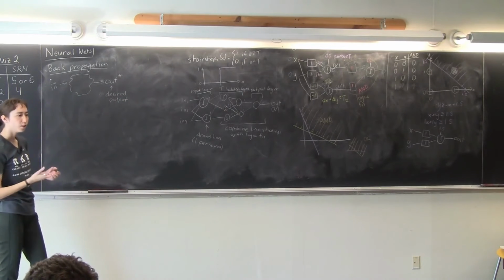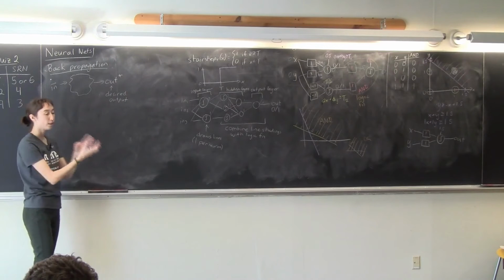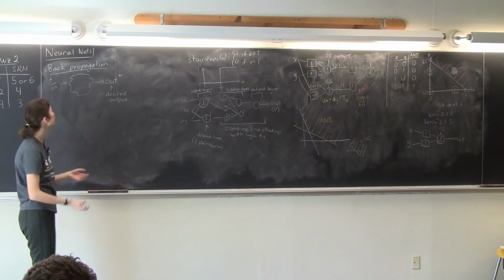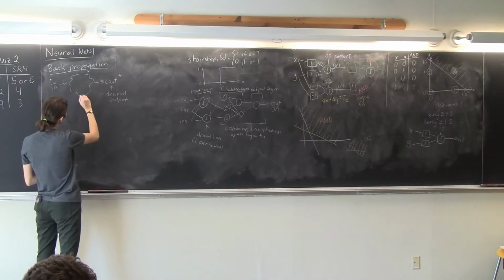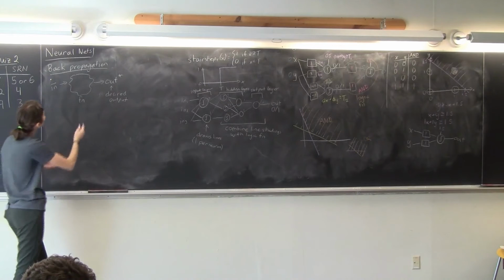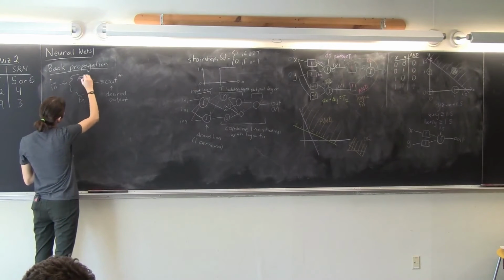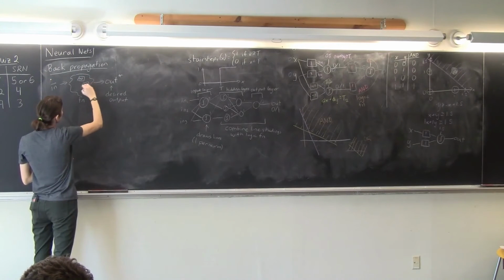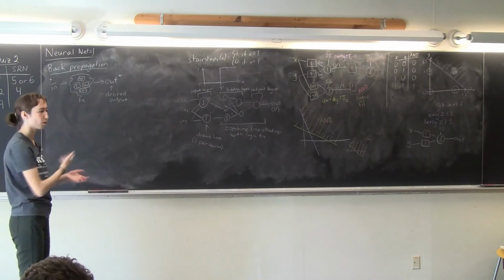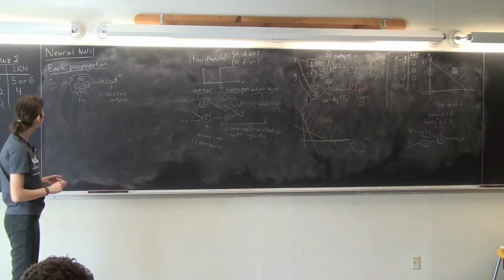And the idea is if we tell the neural net what the inputs are and what we want the output to be, it should be able to adjust its parameters so that it correctly computes that output. So you could think of this as some sort of black box function, but what's going on inside that is there are a bunch of weights and thresholds floating around in this cloud. And so these are all the parameters that we can adjust to make the neural net correctly compute some function.